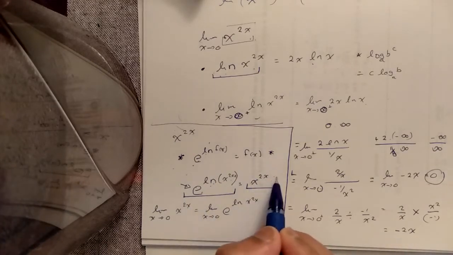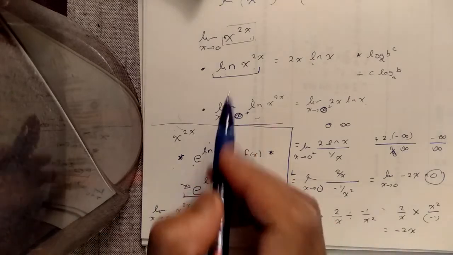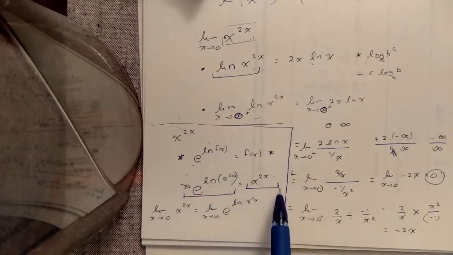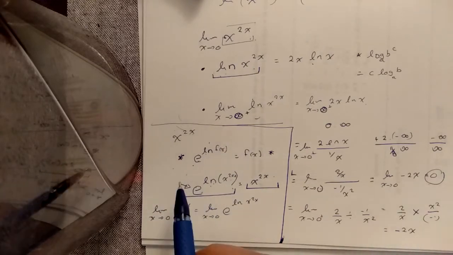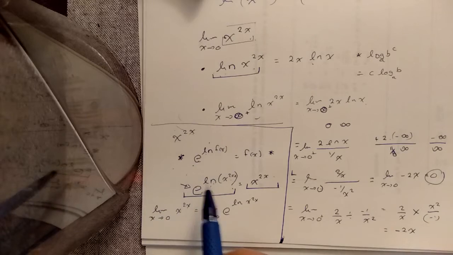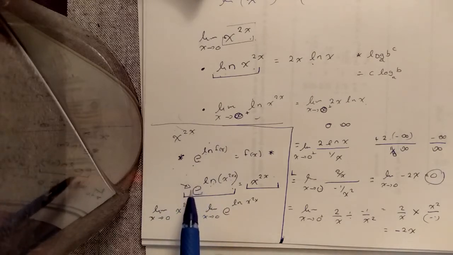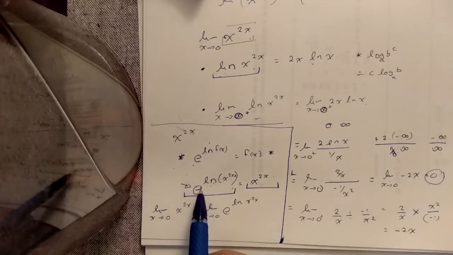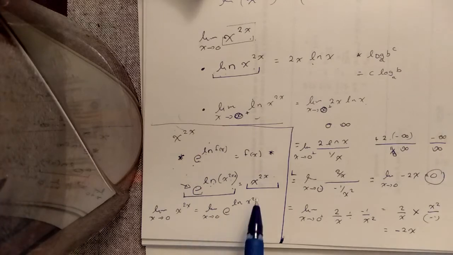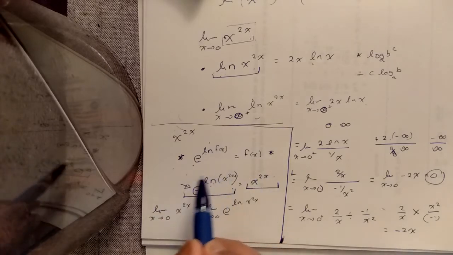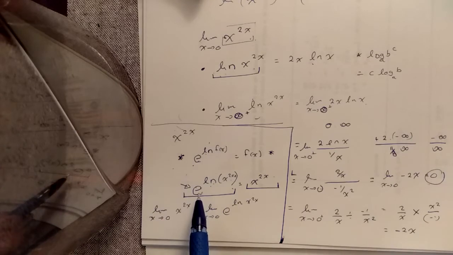That means computing the limit of this one, which is the original problem, is the same as computing the limit of this term. And to compute the limit of this term, you can see in the base you don't have an x term.